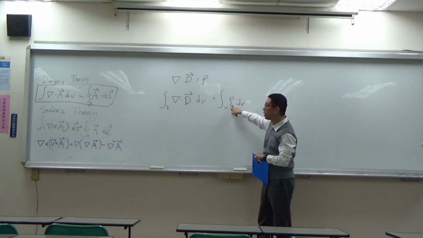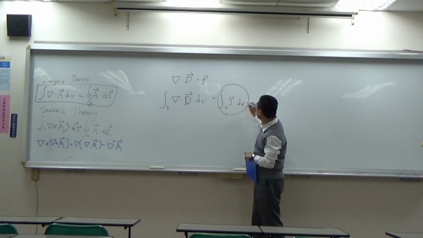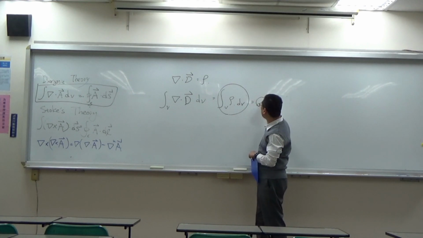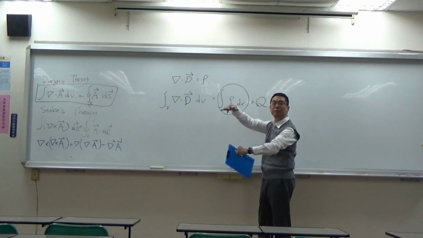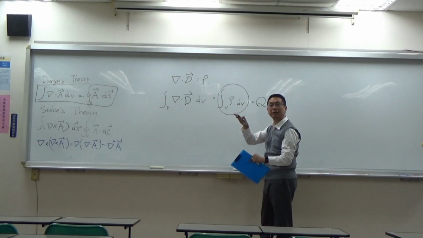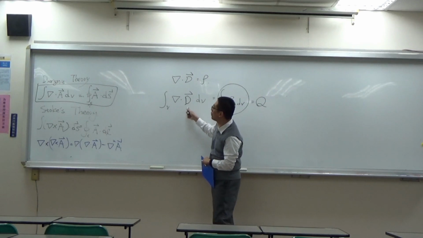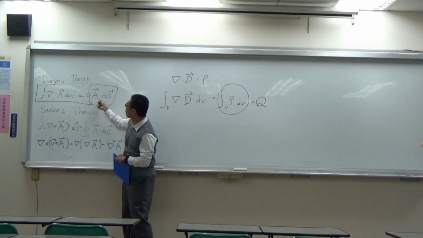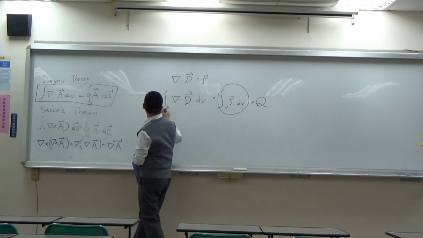If you take a volume integration of your charge density, this part equals Q, meaning how many charges you have in this volume, right? One problem: for your left part, you can use the divergence theorem to change it.